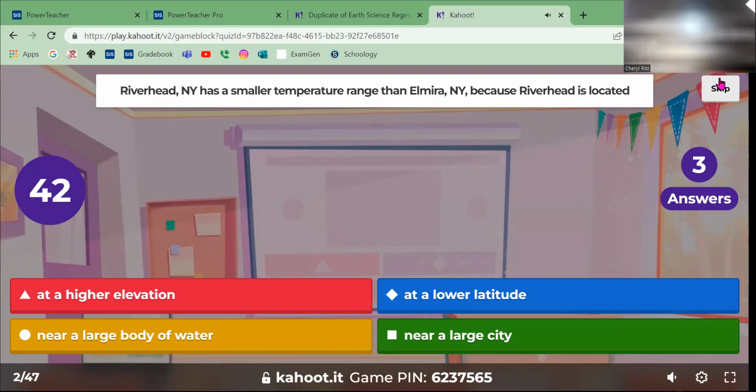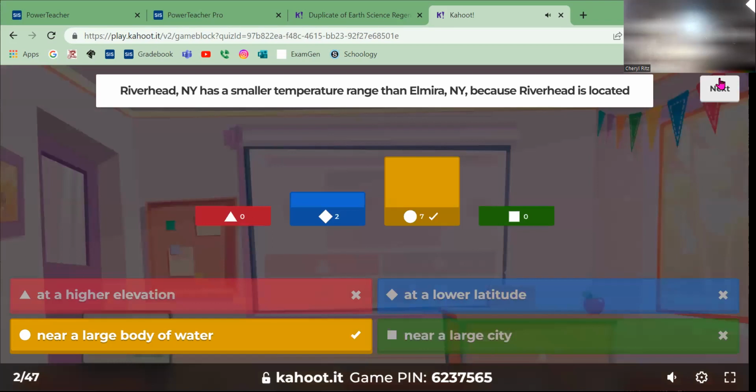Why does Riverhead's, over in Long Island, FYI, have a smaller temperature range? Riverhead has a smaller temperature range because... Oh, I already knew this one. You should. Once you realize where Riverhead is, you should be able to answer this one. All right.